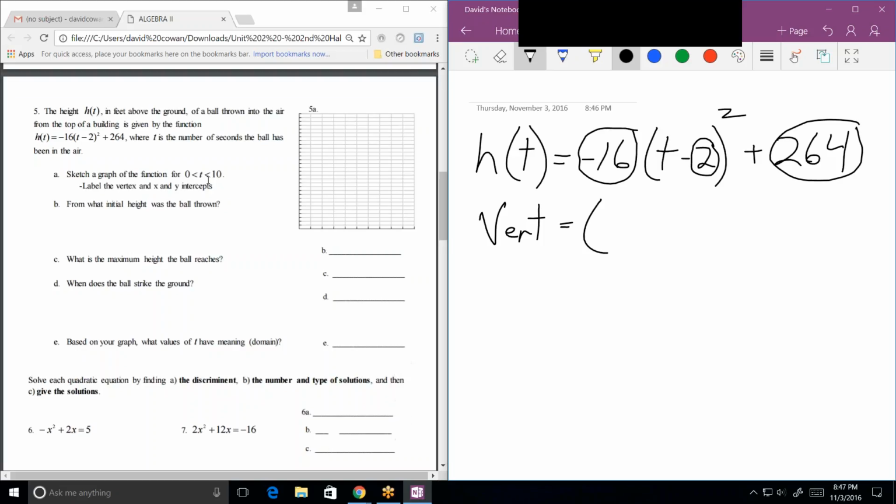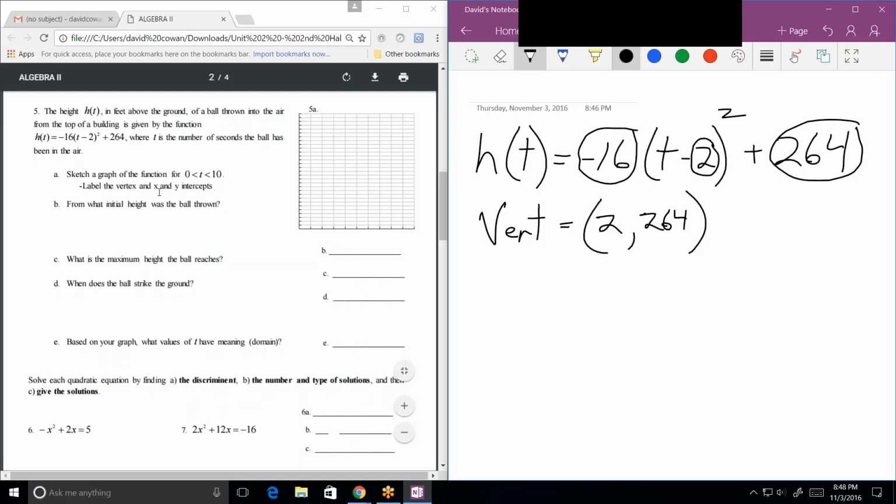But that doesn't change what H and K are. H is 2, K is 264. So there's the vertex. That's the X and the Y coordinate of the vertex.